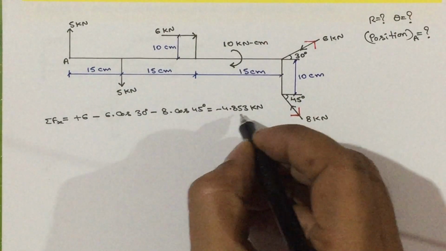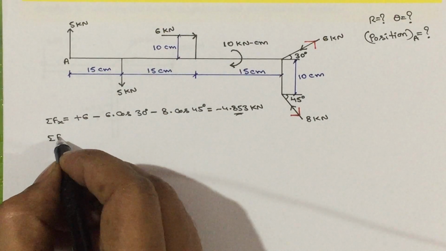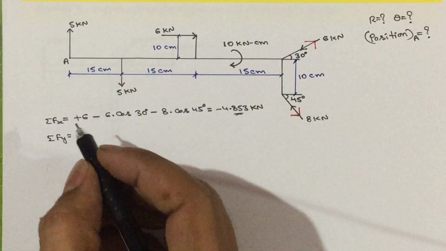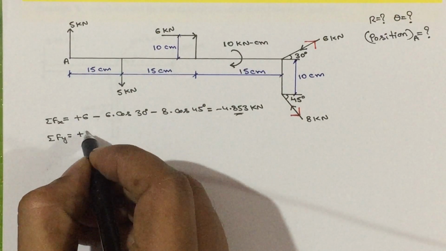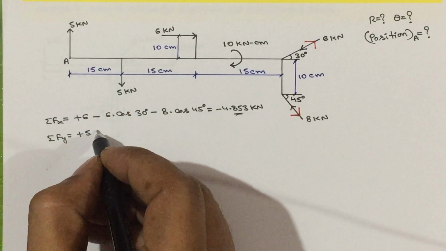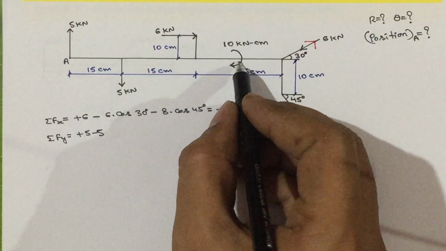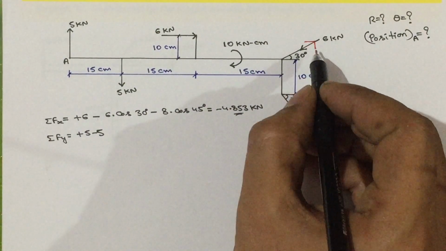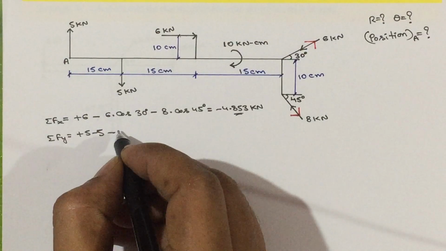Once you get that, then go for calculating sigma Fy. Only the vertical force and vertical component. Vertical force, so plus 5, then vertical force minus 5, then horizontal, leave it. Moment, leave it. Horizontal component, leave it. Vertical component, it is going downward, so minus.